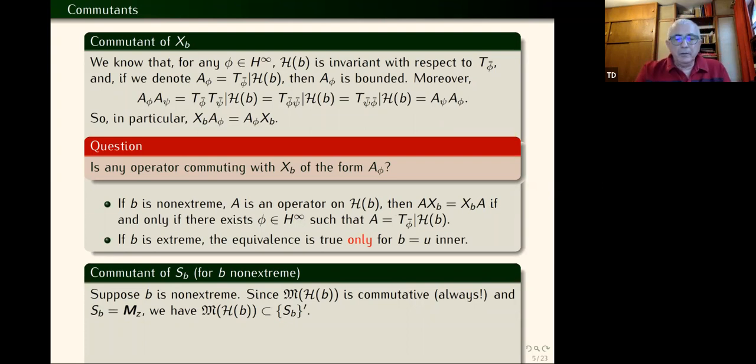In this case, all multipliers, M(H(B)), commute always, and S_B is the multiplier corresponding to z, so of course all multipliers are contained in the commutant. Actually, the converse is true also. So you have this nice result that the commutant algebra of S_B is precisely the algebra of multipliers.